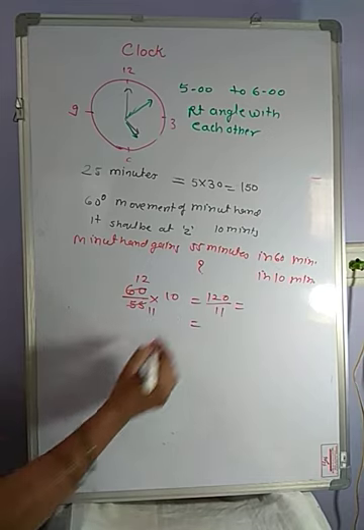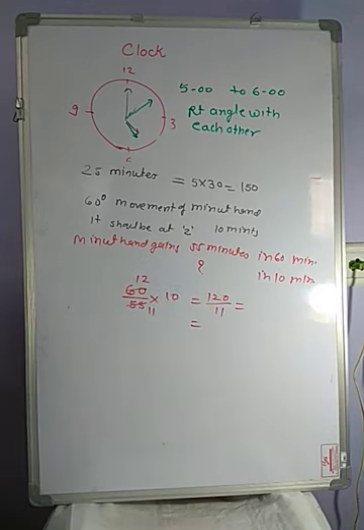What is the answer? Look at it. So here you will get 10 complete minutes and 10 by 11 minutes at that time. Therefore, this much space the minute hand will require to go ahead, so that it will make a 90 degree angle. But however, this is also not exactly the correct answer.